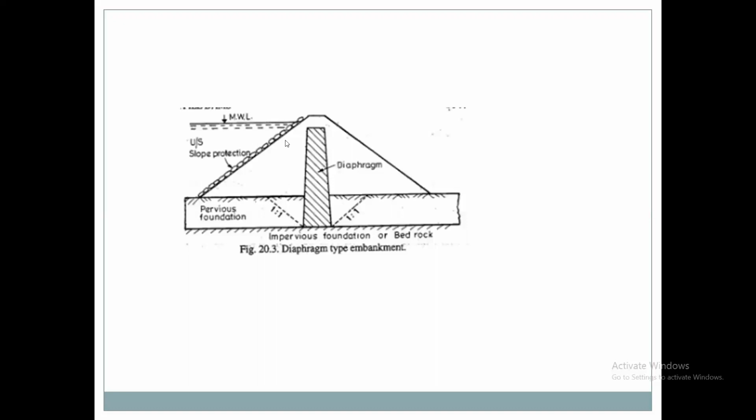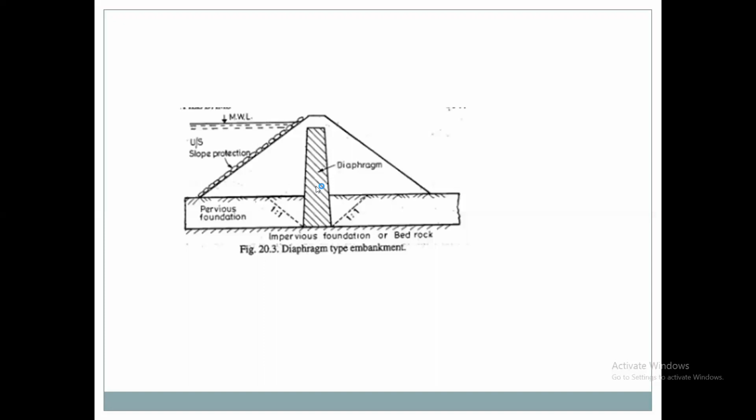Between the base of the dam and the bedrock, the impervious foundation, this diaphragm is laid and it is surrounded by a pervious outer zone of coarse materials.